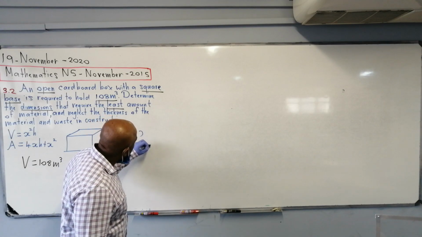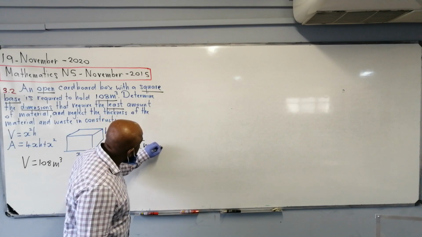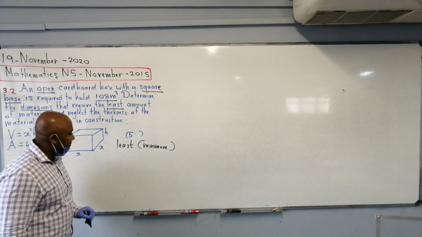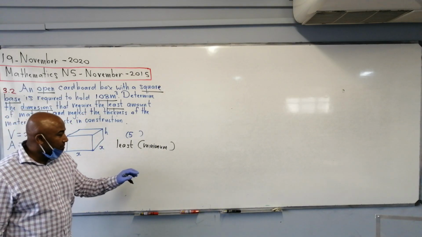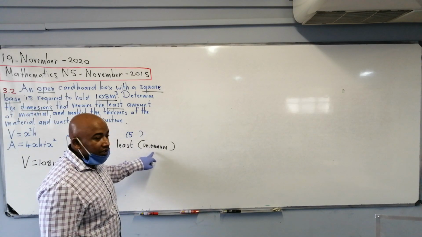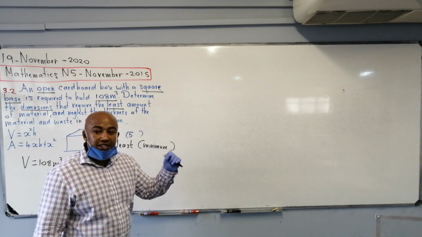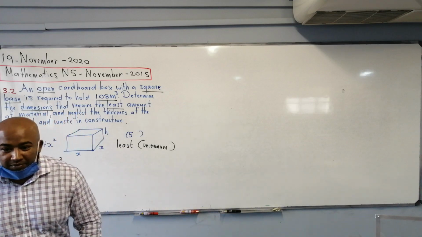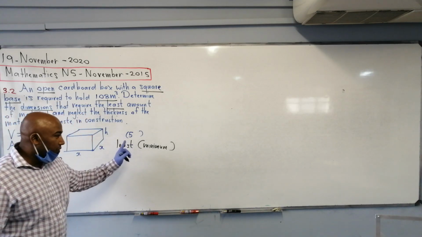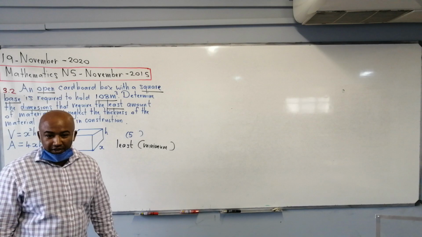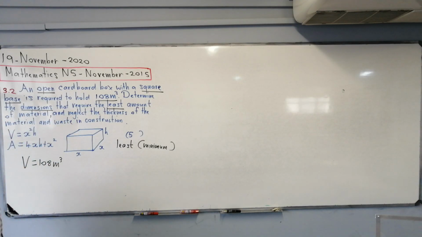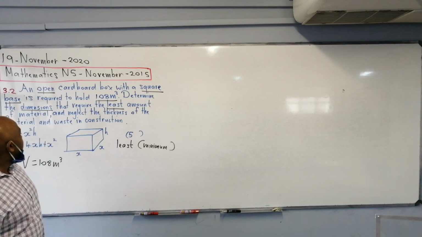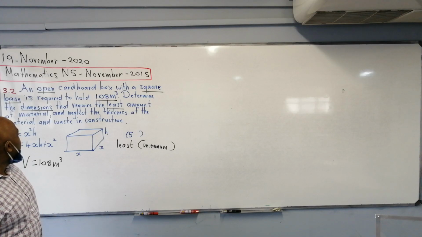Least will mean minimum. When you see this word, you know it's associated with the first derivative. When you see minimum, least, or even maximum or most, you must know we are going to be differentiating. So determine the least amount of material, and neglect the thickness of the material and waste in construction.